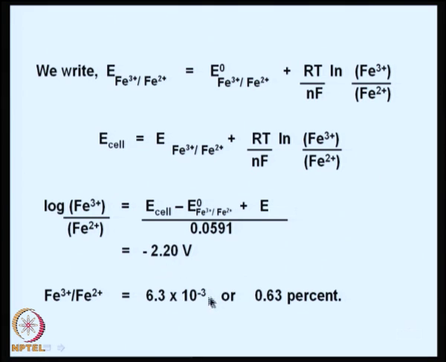Take the antilog of this, that means 0.63%. That means 0.63% of the ferric/ferrous solution has been converted in a given solution.